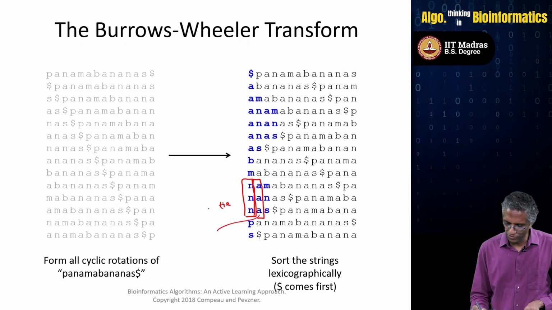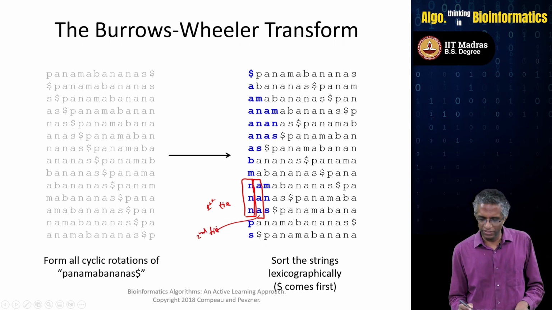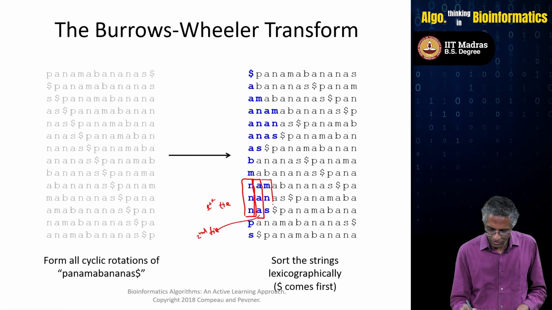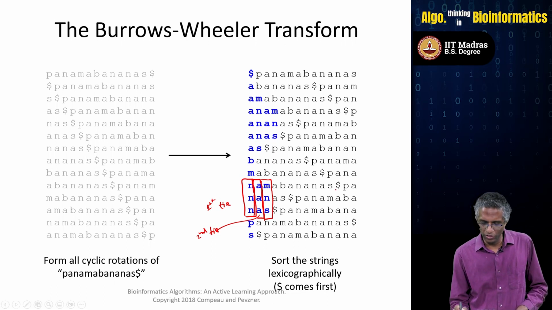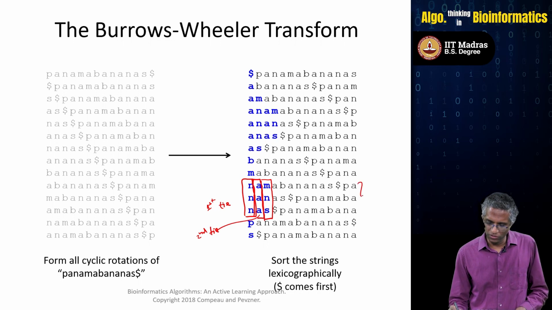So this first letter is a tie, second letter is also a tie. To break the tie, you go to the next letter, that will be M and S. Now these are all distinct, so you can sort based on M comes before N comes before S. That is why Nama Bananas $PA is coming before Nanas $Panama Ba or Nas $Panama Bana. So that is how the ordering of these three cyclic rotations is done.